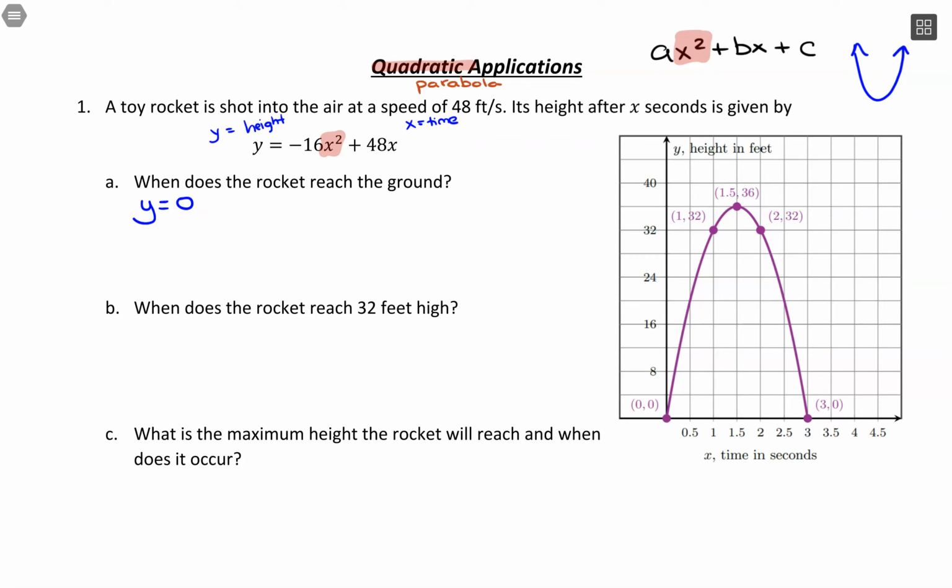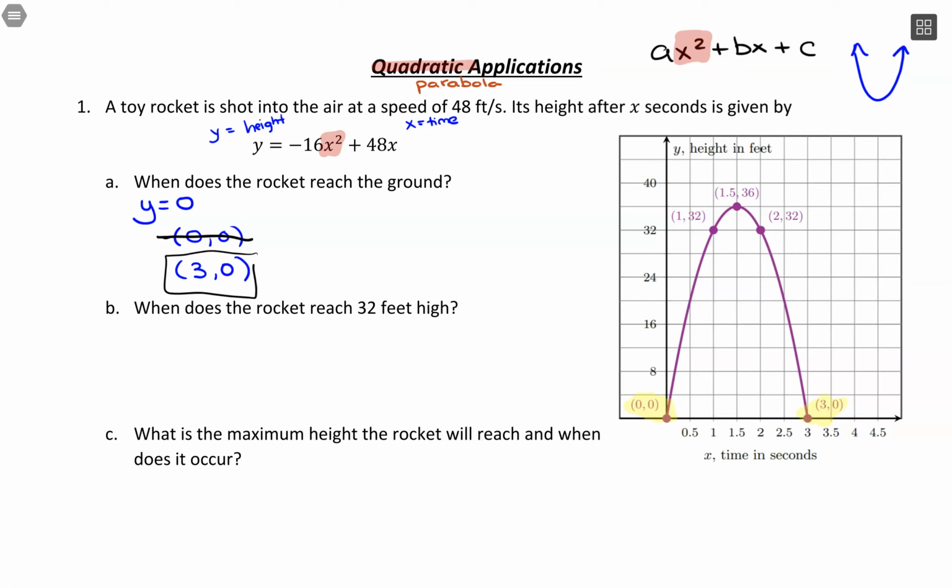We're just going to look for those cases, and where that should be coming up is we have here at (0, 0) and (3, 0). So we have two coordinates that work here. In fact, let me write this down, (0, 0) and (3, 0). However, that (0, 0) isn't necessarily it reaching the ground. It's kind of starting from the ground at that point. So I actually don't want to use that (0, 0) because it doesn't quite match the wording of the question. So it's this (3, 0) that I want to work with here.